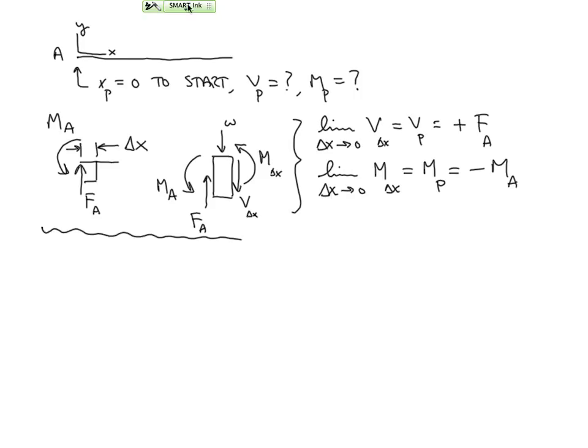So let's suppose we have established our initial set of Vp and Mp for xp equals 0, and we're integrating along x. At some point, we may encounter discrete loads, either forces or couples.